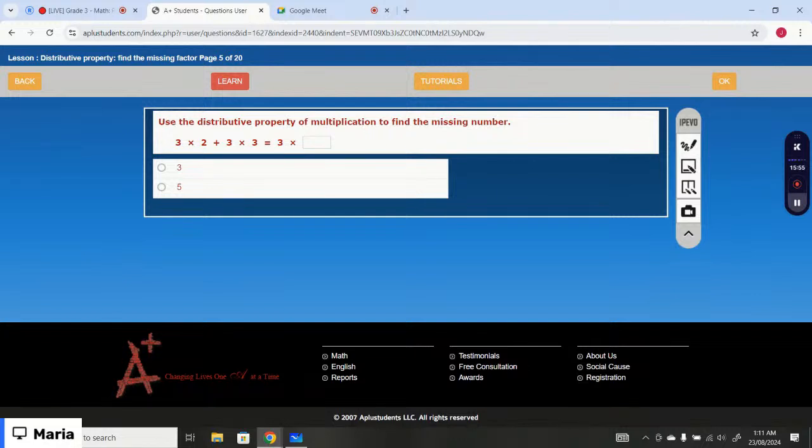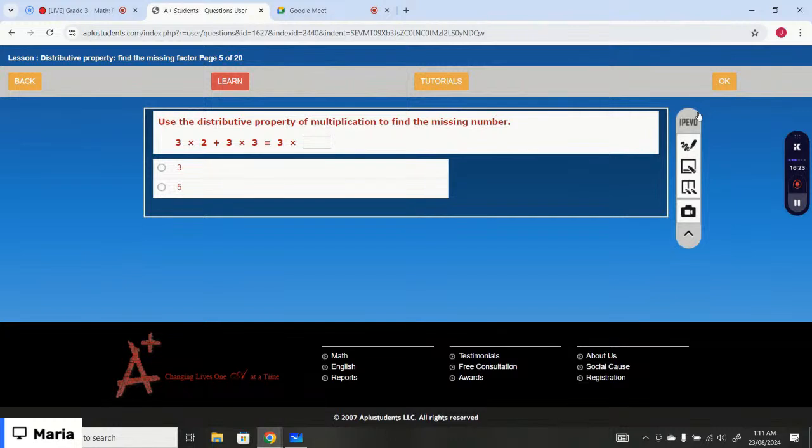The next one is use the distributive property of multiplication to find the missing number. So which is the correct option? Which number is missing? That is 3 times 5.